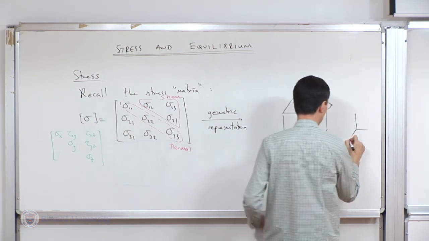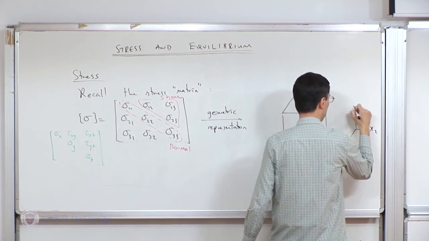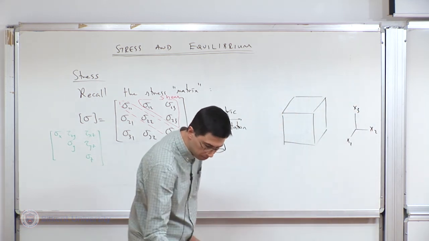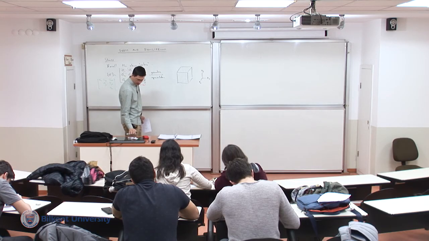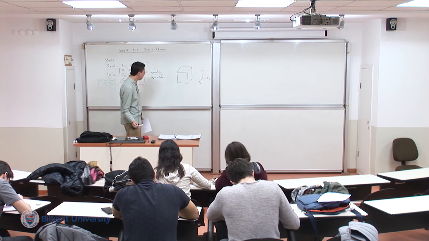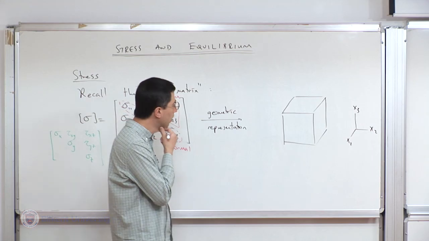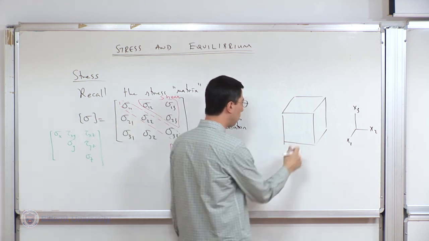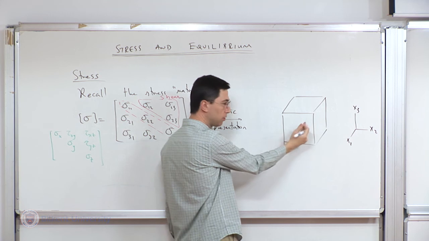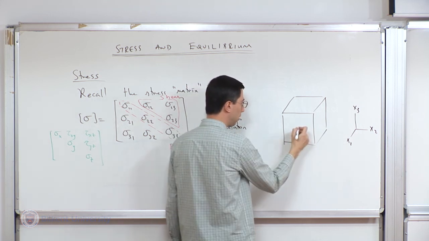So let us call the coordinate directions x1, x2, x3. And if you recall the argument regarding the indices from our earlier undergraduate mechanics courses, the idea is, well, you look at a surface and it has a certain normal, in this case x1.